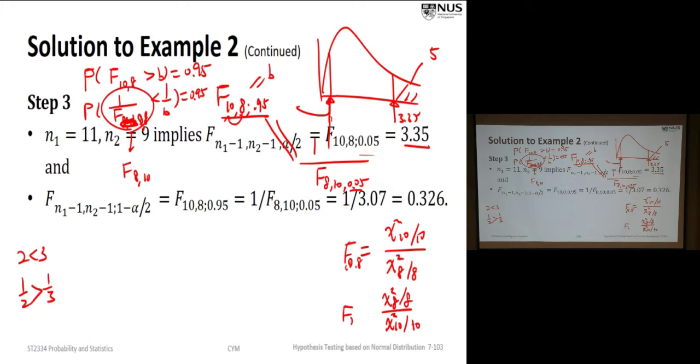So this is F(8,10), which equals 1 over F(10,x), because you just swap the numerator and denominator. So it's F(8,10) at 0.05, because less than this number is 95%, so therefore bigger than this number is 5%. So your B is equal to 1 over F(8,10) at 0.05.